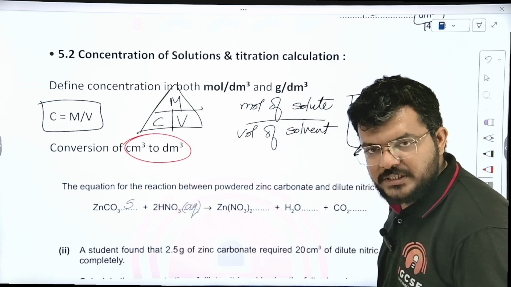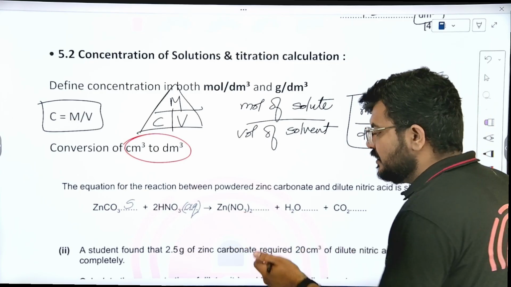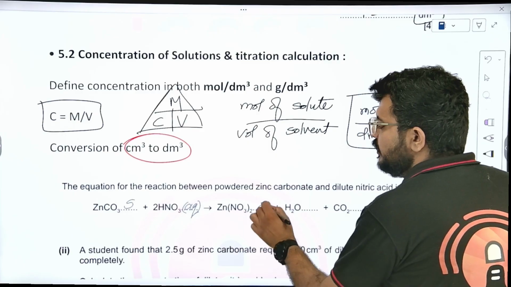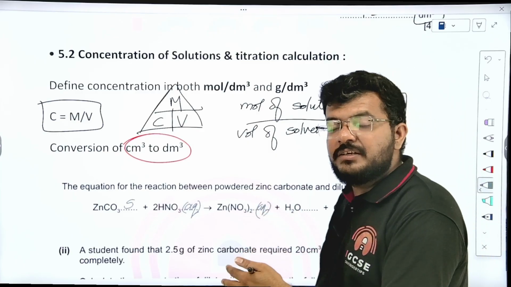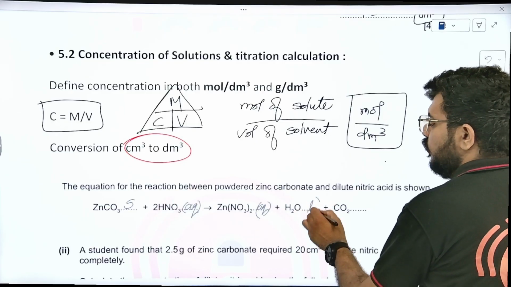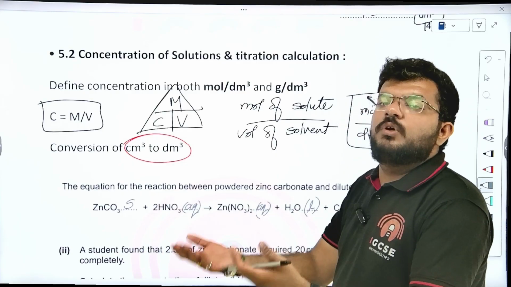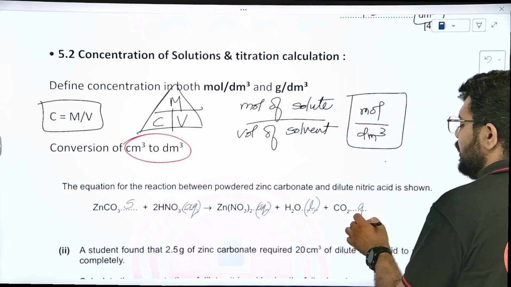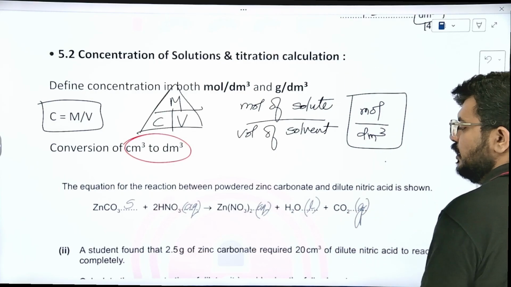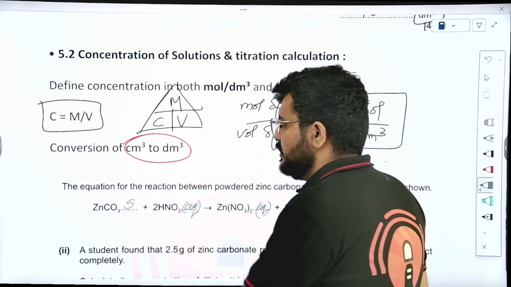That liquid is water, which is why aqueous. Zinc nitrate. Now all nitrates are soluble. If it's soluble, then this is already taking place in a solution form and therefore aqueous. Water does not dissolve with water. Water is there with water, so it becomes liquid. Carbon dioxide is a gas. So these are the state symbols. This is how you write state symbol.